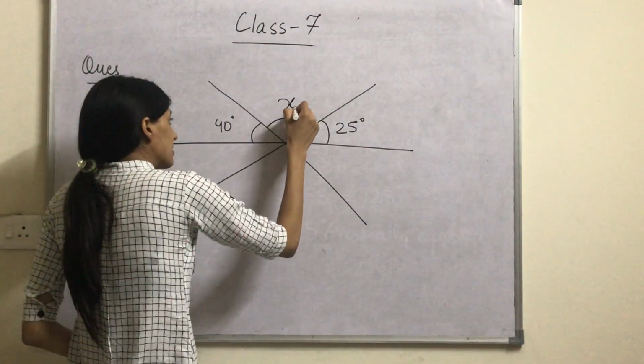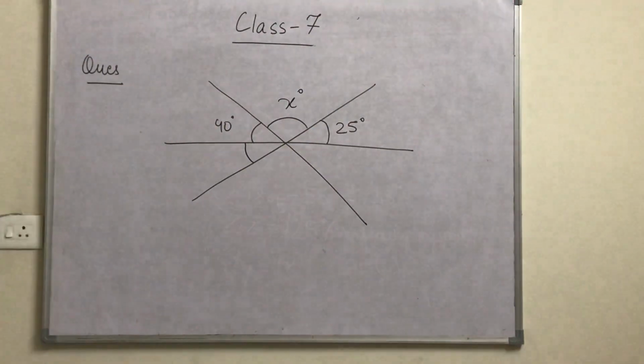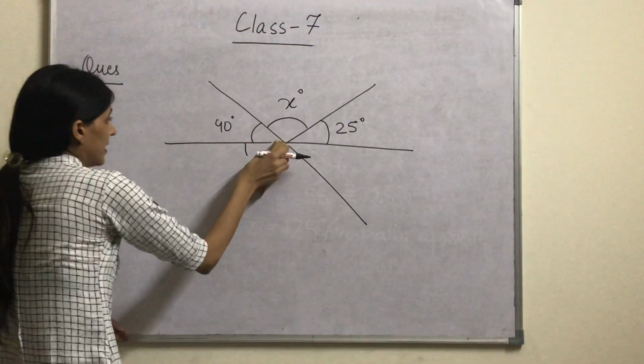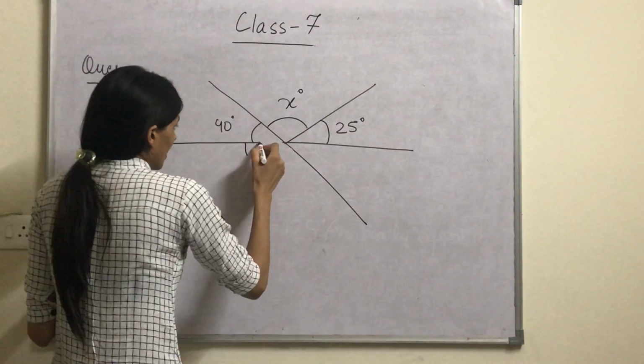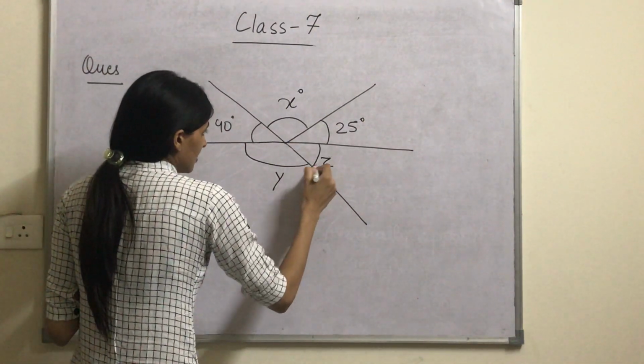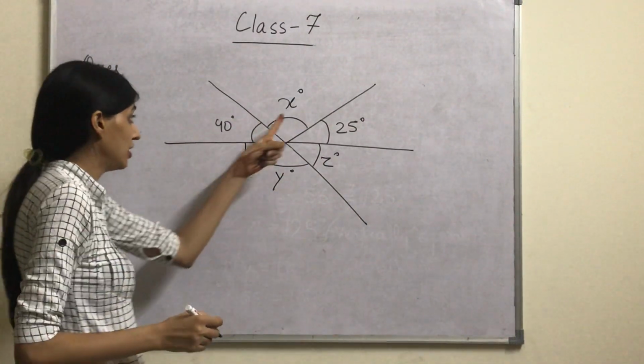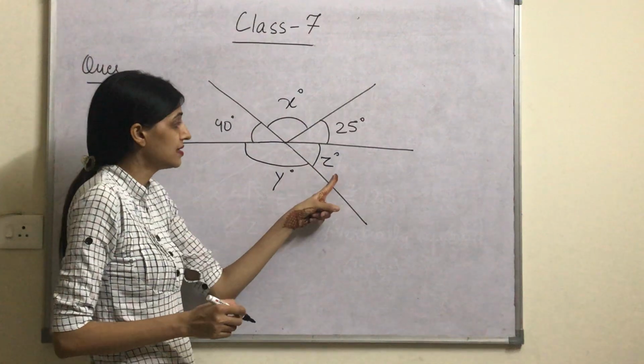This is X. This is Y and this is Z. Now what you have to do, you have to find out the value of X, Y, Z.